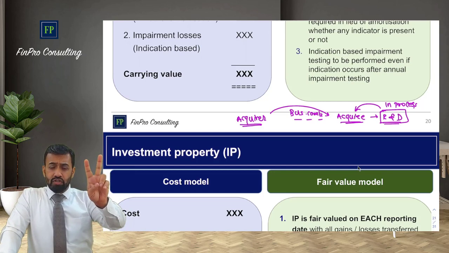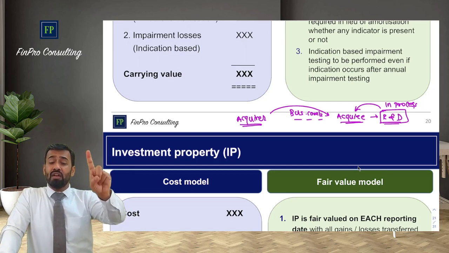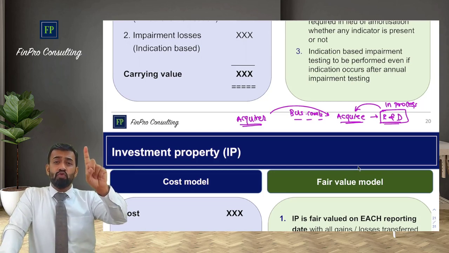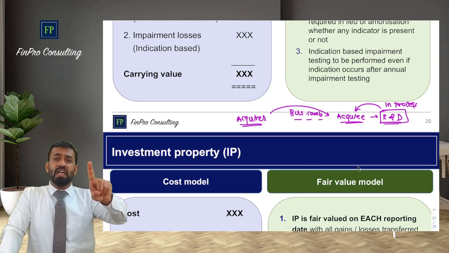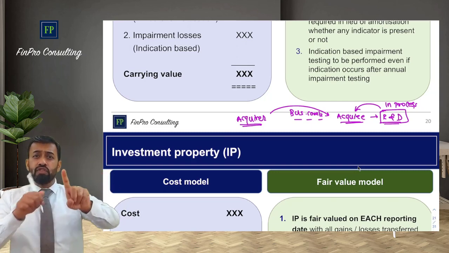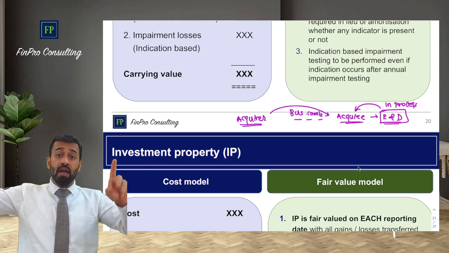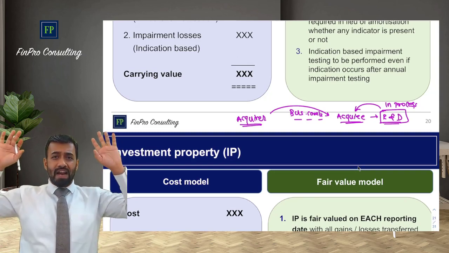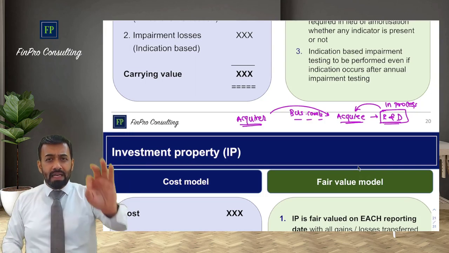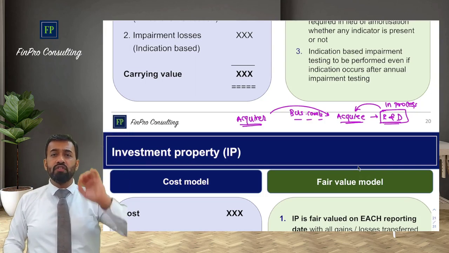So there are two recognition criteria. If an asset is acquired externally, then the probability of future economic benefits is assumed to be satisfied. If it were not, why would you pay out of your own pocket? If you are paying out of your own pocket, you are considered a rational businessman. You will get certain benefits. So probability is assumed.